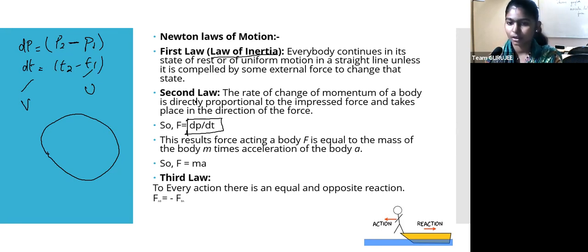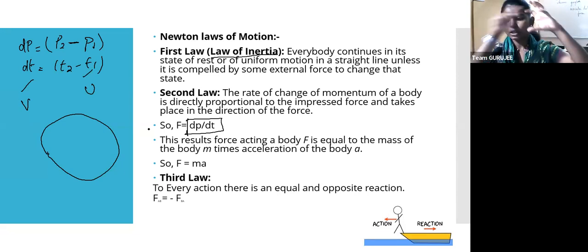And the second law says that your rate of change of momentum is directly proportional to the impressed force. Let's say that ball is coming with some momentum. Let's omit the distance.